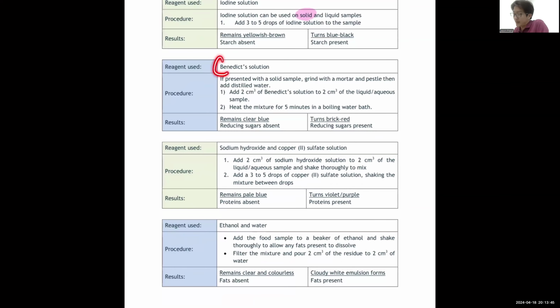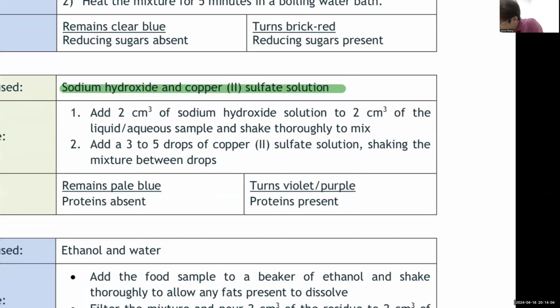What else? Uppercase B, because it's named after a person. Uppercase B, named after a person. What is this reagent called? This is known as the, let me find my highlighter, Biuret's reagent or solution.